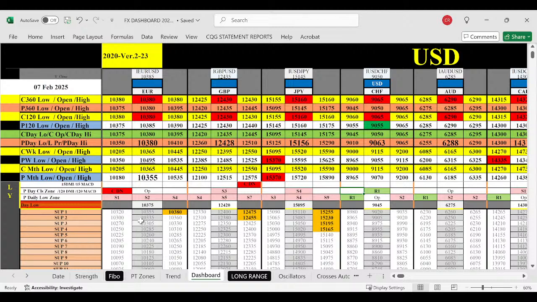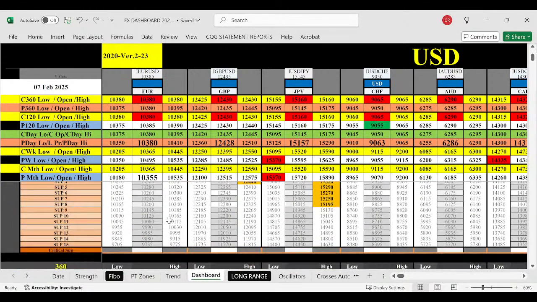I don't see the price going below 103. Then again, expect that 104.10 to break. If it breaks, then we should see the price moving higher beyond 104.45 towards 105.35.